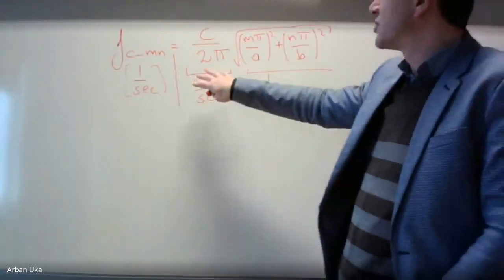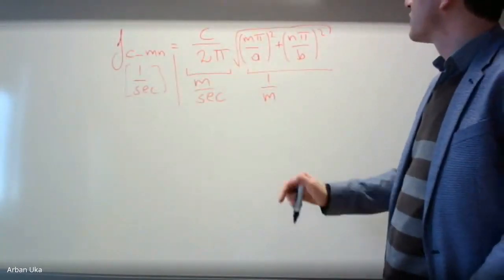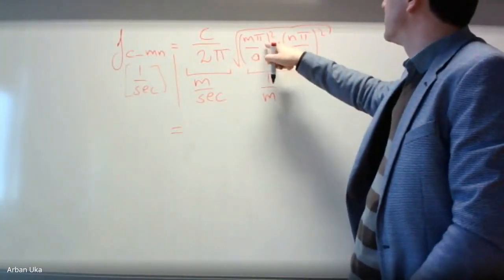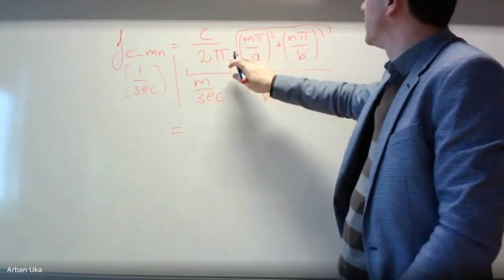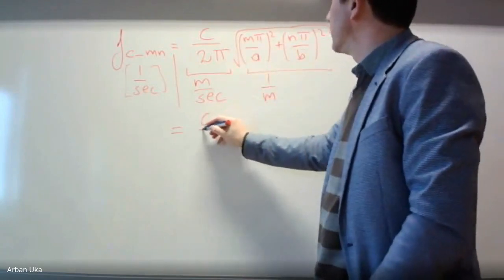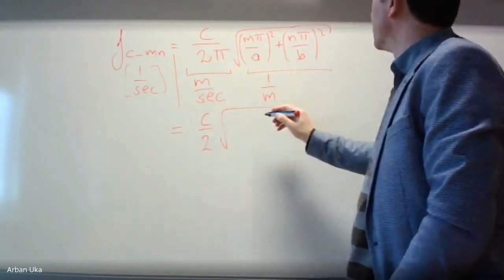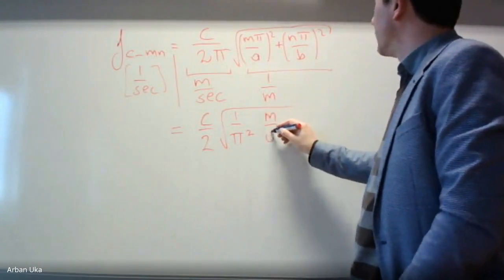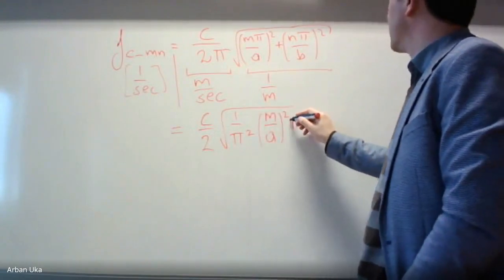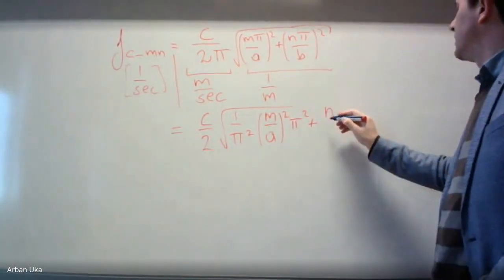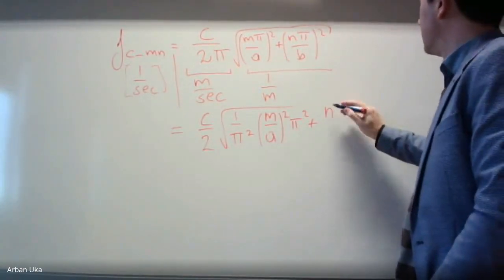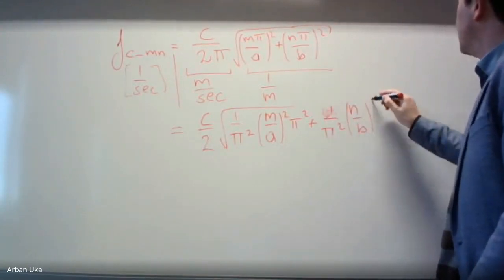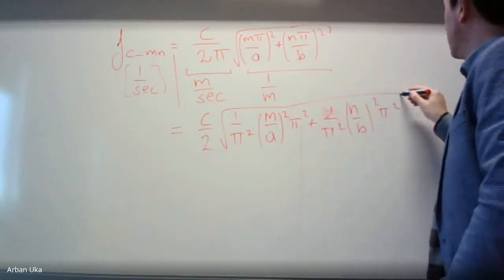Okay, so first of all, we check the units, and the units look good, but we can also simplify this a little further, because we can factor out the pi. So we can get c over 2 times the square root of (m over a) all squared plus (n over b) all squared.